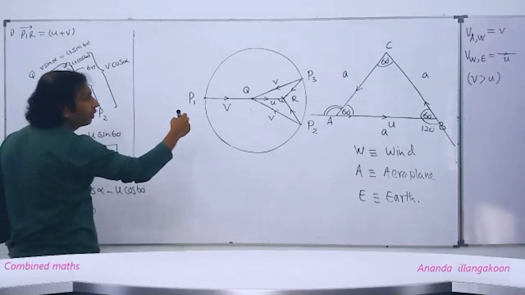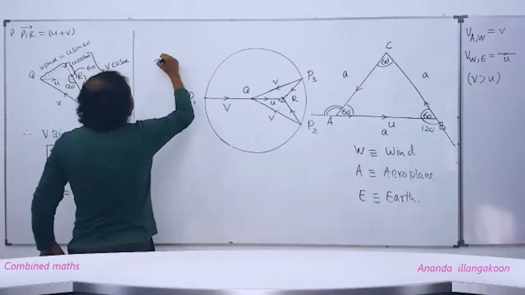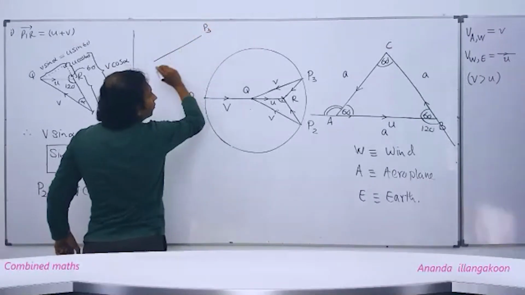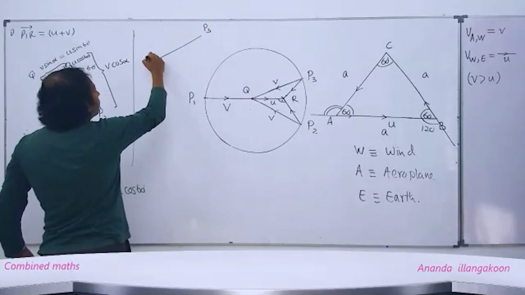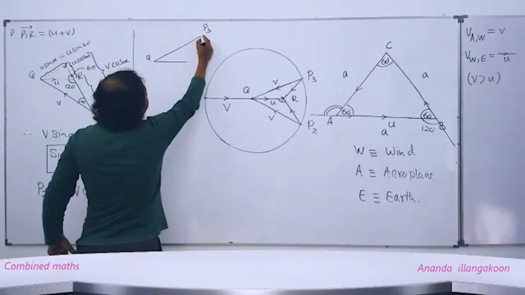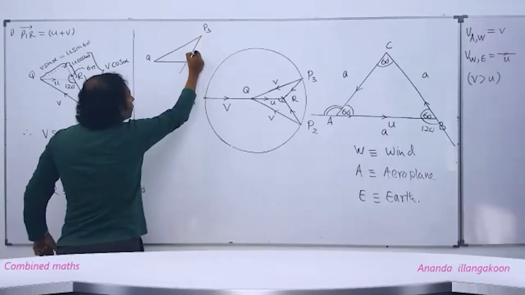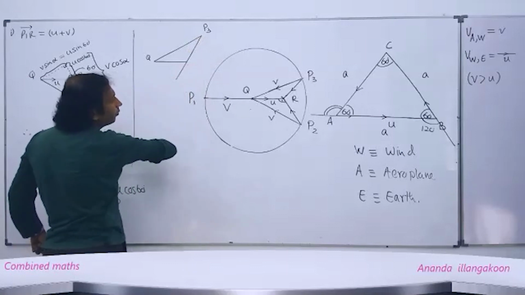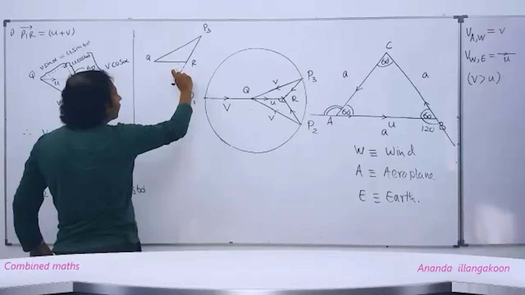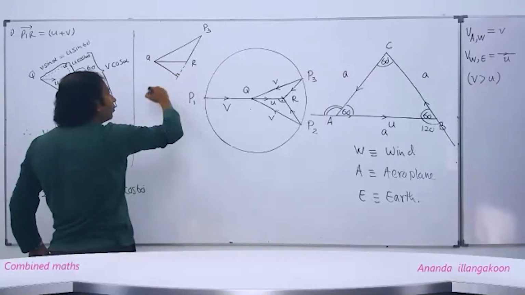If I take that triangle out this way, P3, this way I produce this P3R. We draw a perpendicular like this.